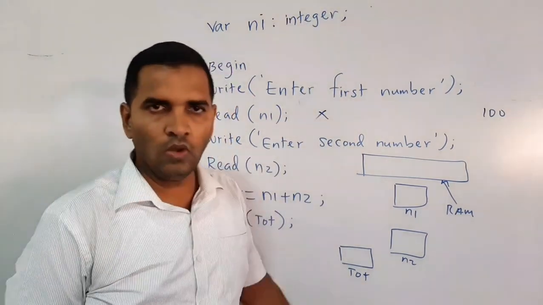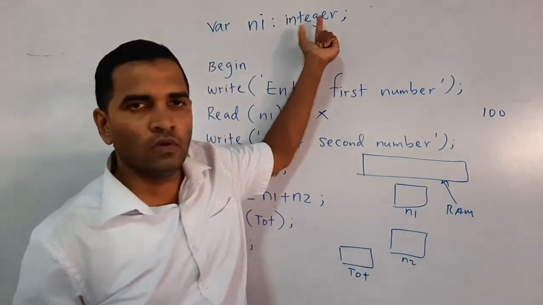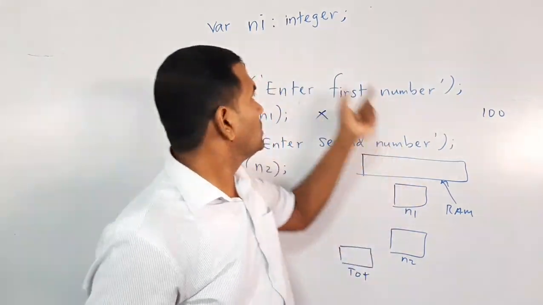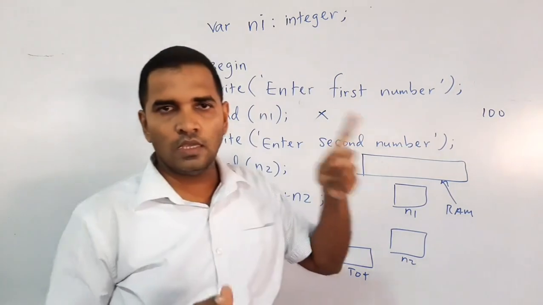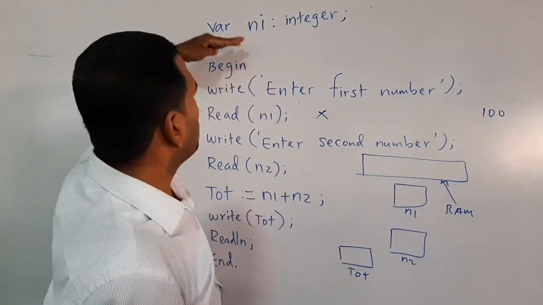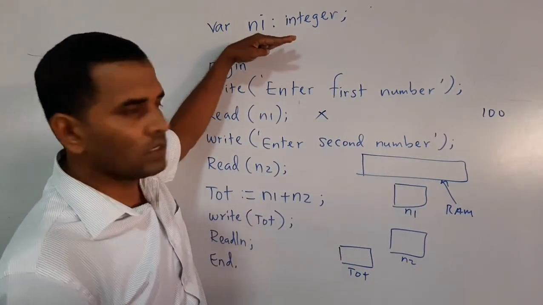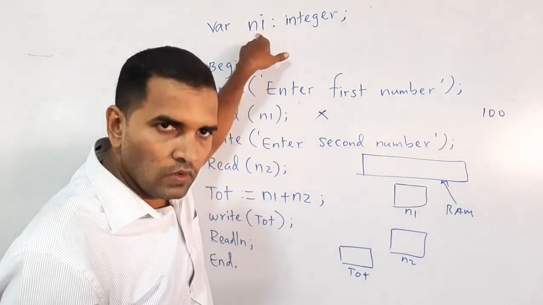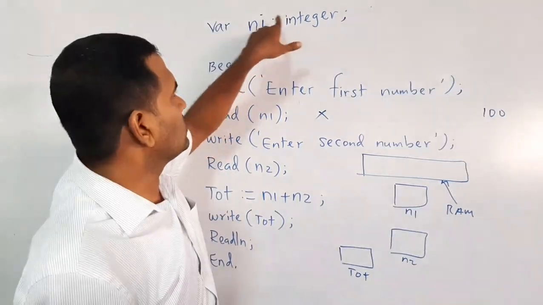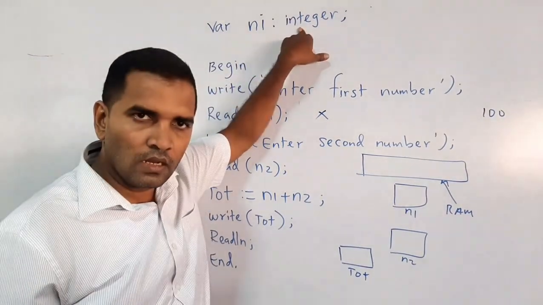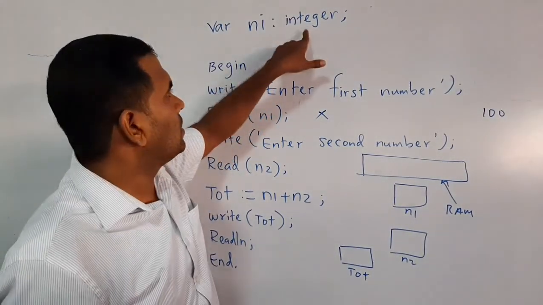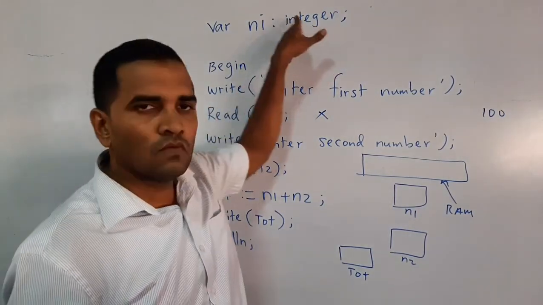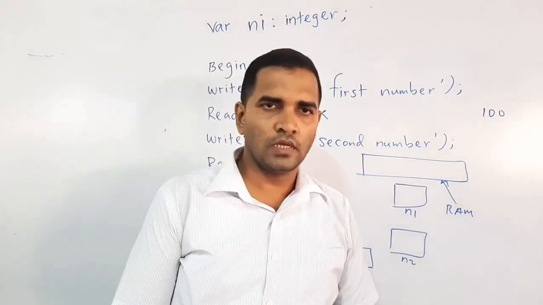Integer means whole number. Hope you have heard this word in grade 10 spreadsheet 2, right? So integer means here whole number. What I wrote is, I introduce my variable N1 to my computer, and I'm also telling my computer that N1 will store integer type of data.